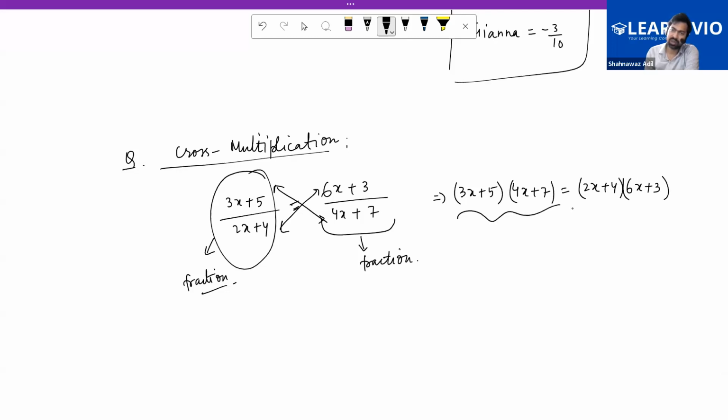Now you guys solve this part and tell me what x you are getting, and then this part would be done. Then we'll talk about scientific notation and rounding off.